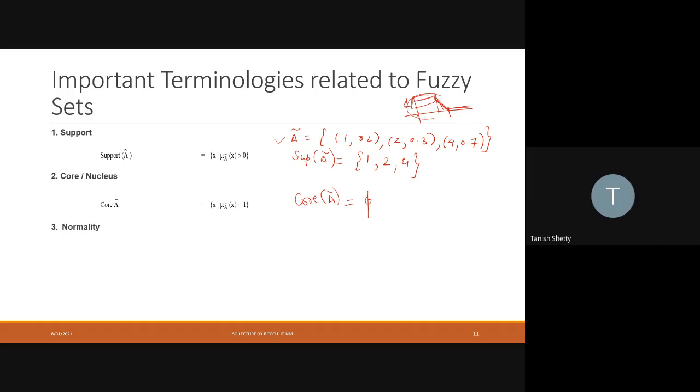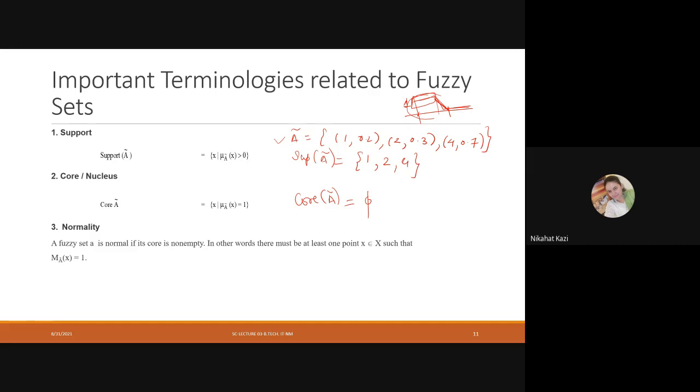Normality. A fuzzy set is normal if its core is non-empty. If the core is non-empty, then the fuzzy set is said to be a normal fuzzy set. In this case, fuzzy set A is a subnormal fuzzy set. It is not a normal fuzzy set because the highest membership value is not 1.